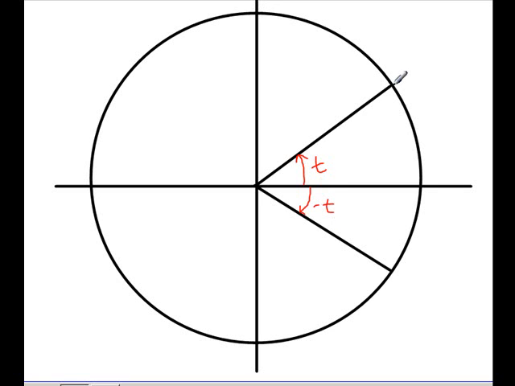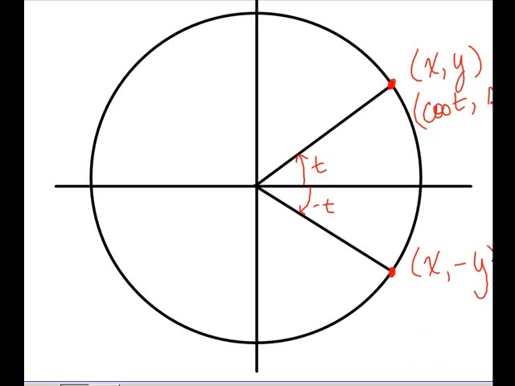So what do we know about this point on the unit circle? It has an x coordinate and a y coordinate, and it's the cosine of angle T and the sine of angle T. Now the point that corresponds to the measurement for the angle negative T, again, has an x coordinate and a y coordinate, and notice that the y coordinate has to be the opposite because we have to move down y units.